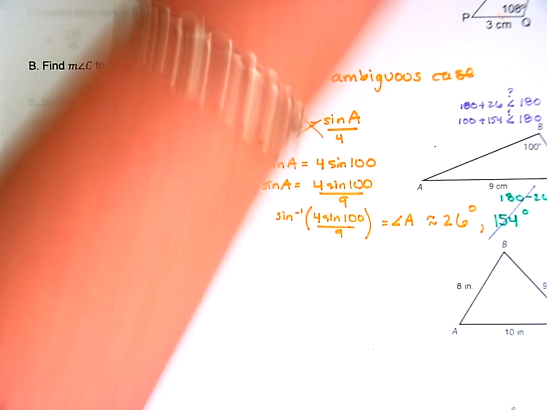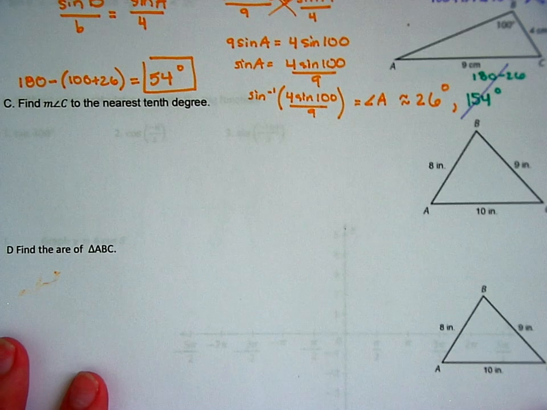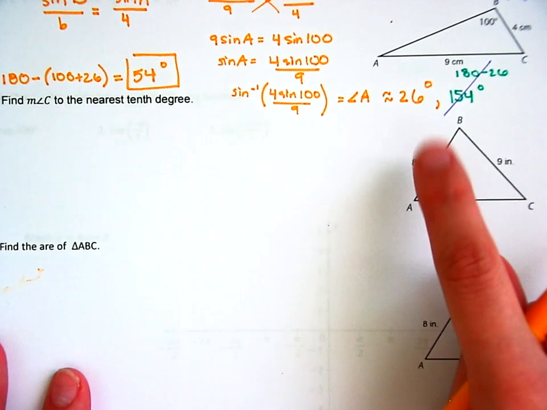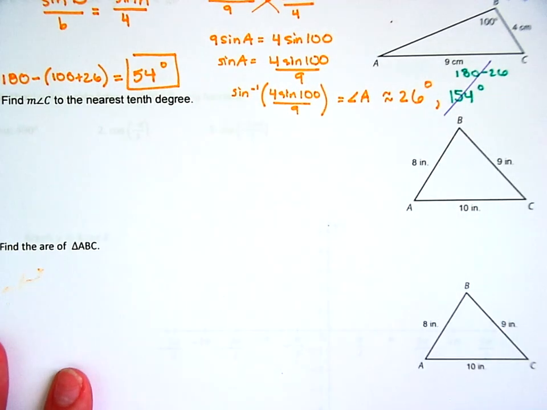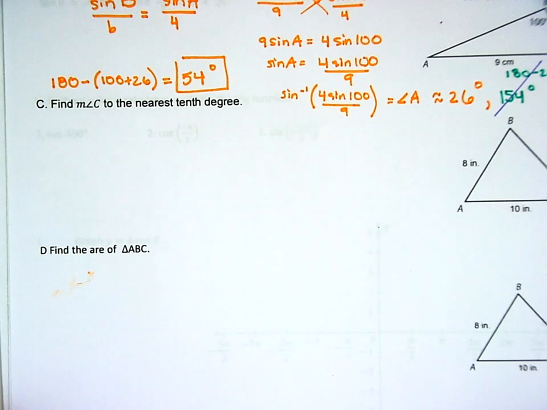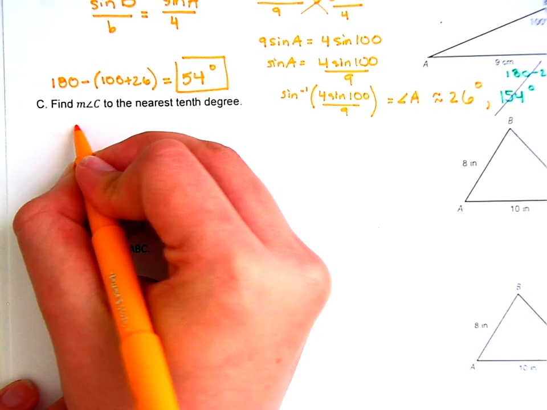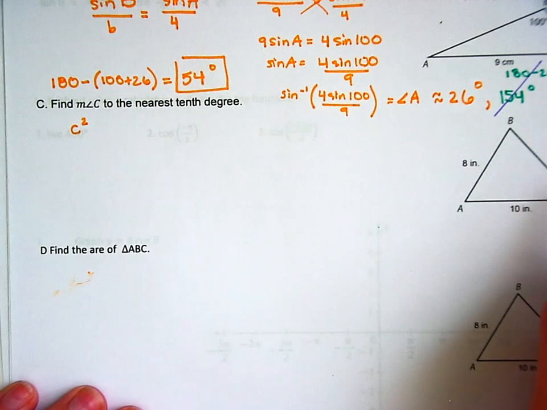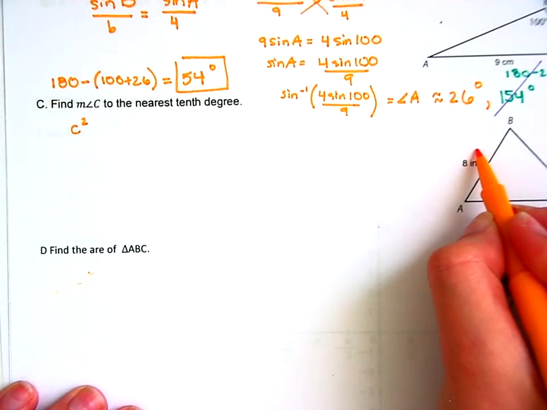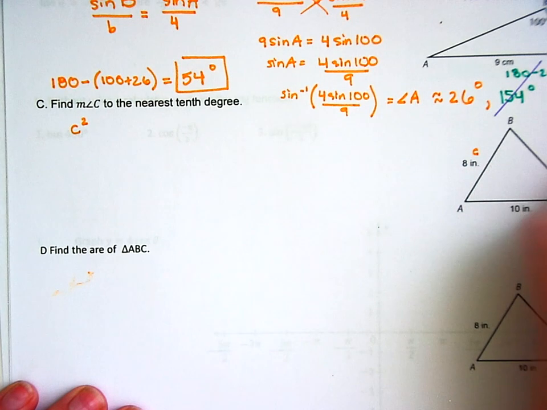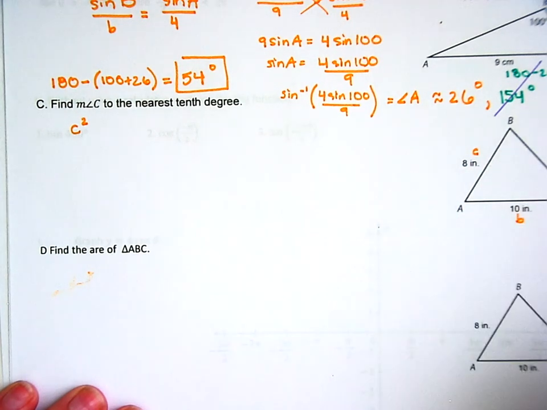All right, next problem, and now we're going to have to use the law of cosines because we have been given side, side, side. So when we're given that information, we use law of cosines. Okay, so for this problem, I'm going to remind us our formula or our law. And since I'm looking for the measure of angle C right here, then I'm going to call this little c, this is little a, and this is little b for the side lengths.